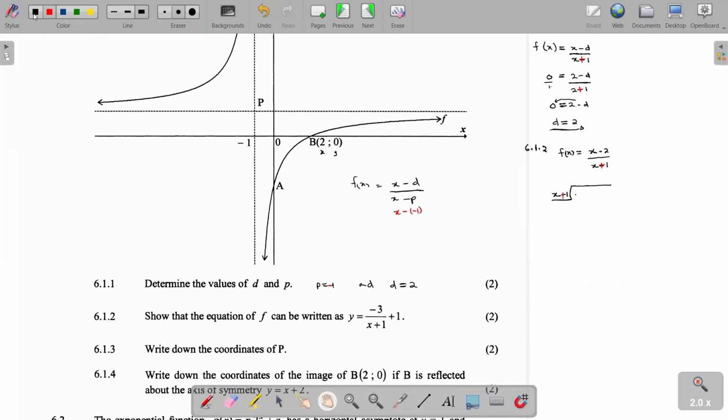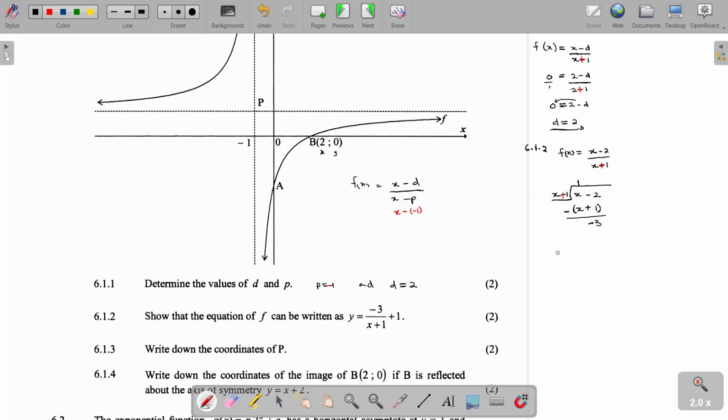6.1.2. So using long division, it's going to be that one. Our numerator is x minus 2. Then x enters how many times into x? It is 1. Then multiply: 1 times x is x, 1 times +1 is +1. Then we subtract. x minus x is 0, minus 2 minus plus 1 is -3.